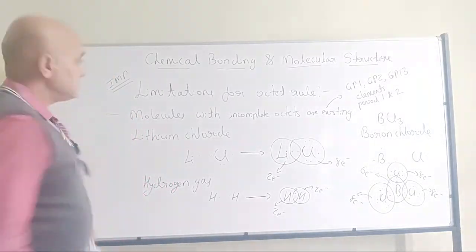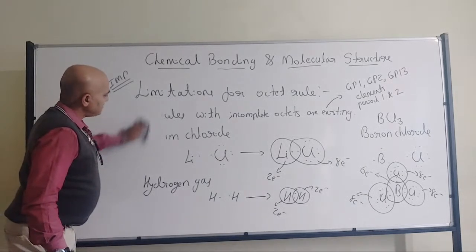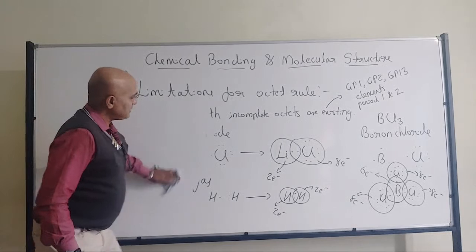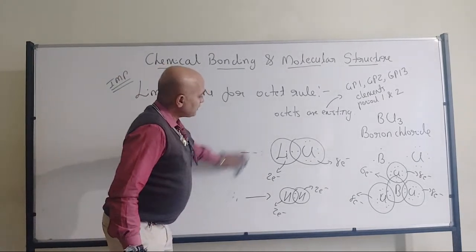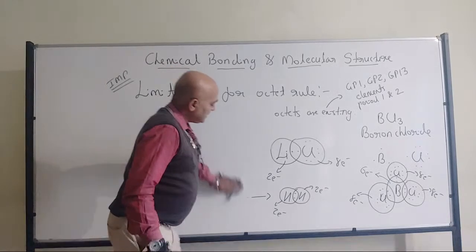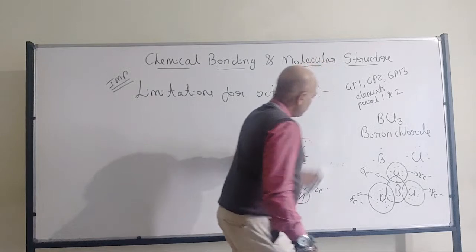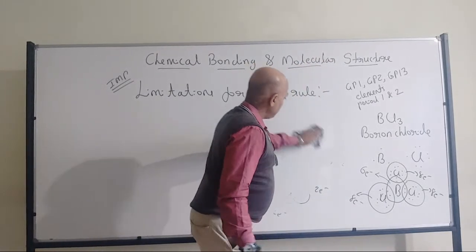Okay, fine. So this is one of the limitations of the octet rule. What is that limitation? The octet rule tells that an element is going to form a compound or a molecule to reach the octet state, to have stability.